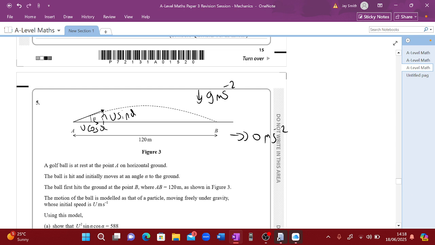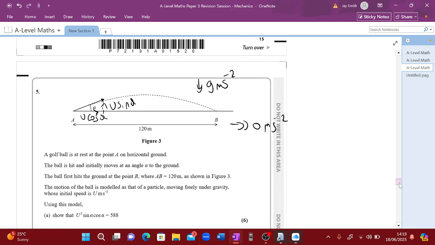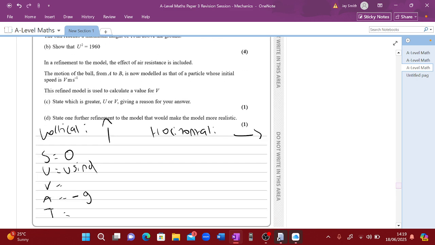Okay, but we know what the speed is. It's u cos alpha. That's acting horizontally. So we know s is 120. And v in general would be u cos alpha, and t we don't know.